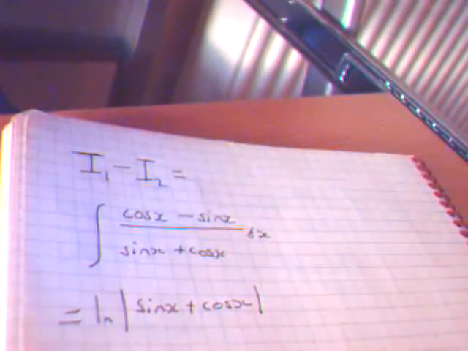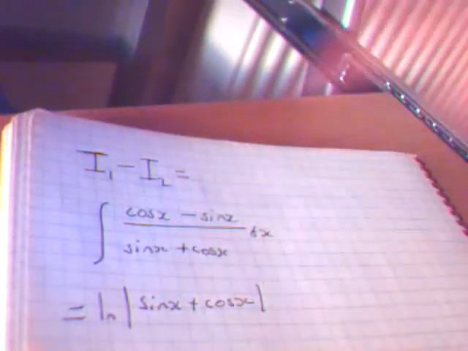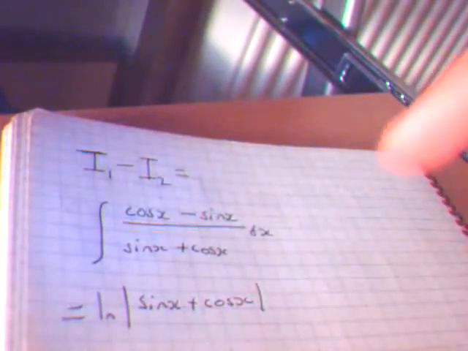Why? That is the derivative of that, and so if you were to differentiate this, you get that. Integration is essentially the reverse of differentiation. And so I1 plus I2 equals x, as we found earlier. We now have two equations in I1 and I2.